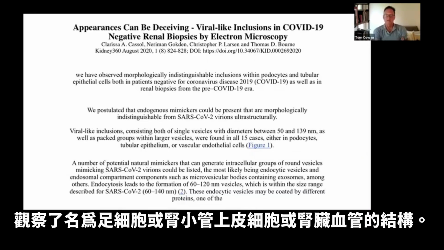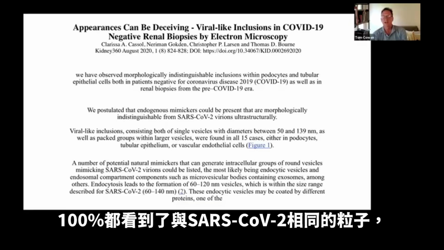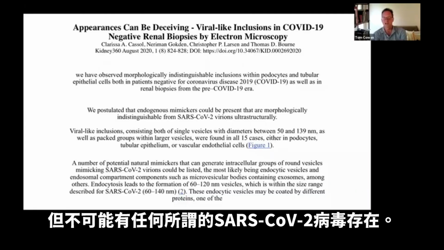They did biopsies. They looked at some structure called podocytes or kidney tubular epithelia, or the blood vessels in the kidneys. And in all 15 of these cases, 100%, they saw identical particles as SARS-CoV-2, the same size, 50 to 139 nanometers. But there was no chance that any, quote, SARS-CoV-2 virus was there.